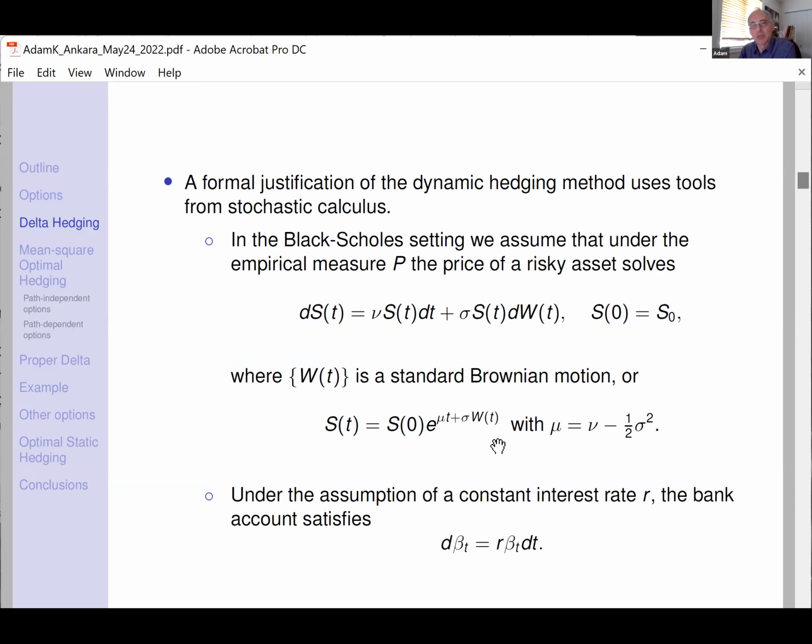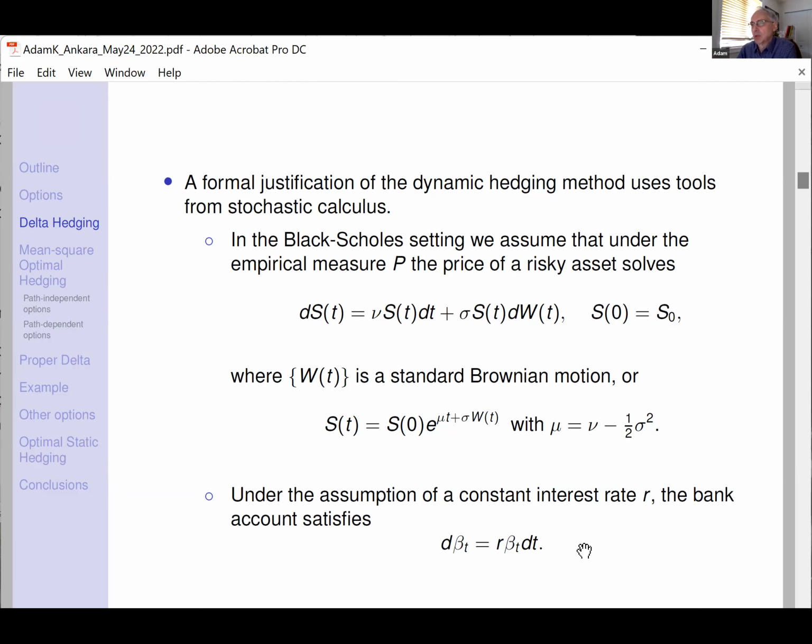Now, the second component in our model will be the bond. However, under the assumption typically adopted for this simple derivation that the interest rate is constant, instead of a bond we use a bank account, which grows at a certain rate R, which corresponds to the interest rate.